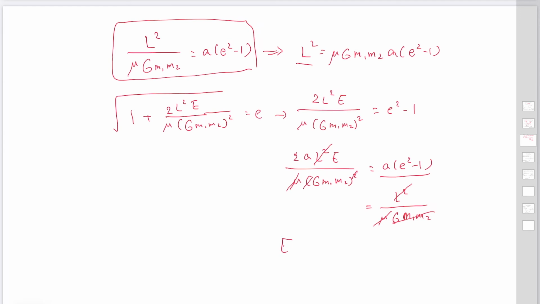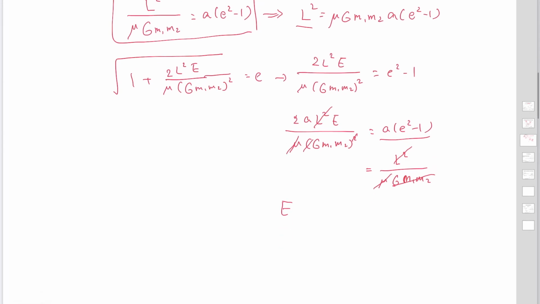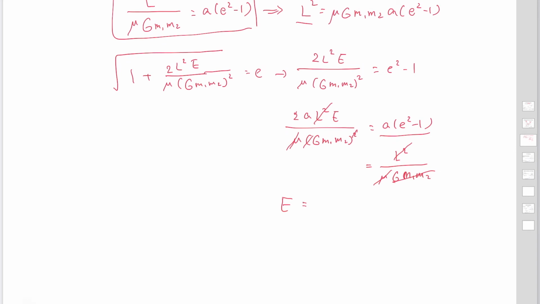So energy is calculated as G m sub 1 m sub 2 over 2a. So energy is only dependent on the semi-major axis.